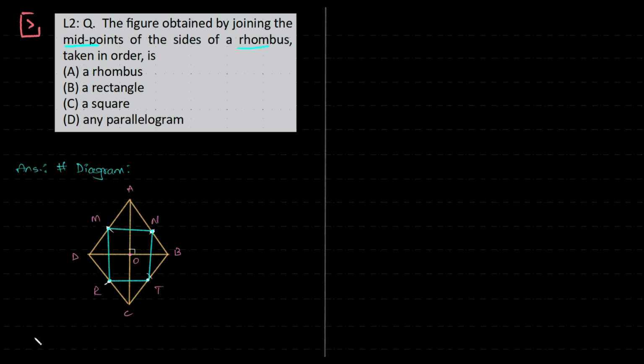So let's consider a rhombus ABCD. Then let M, N, T, R be the midpoints.